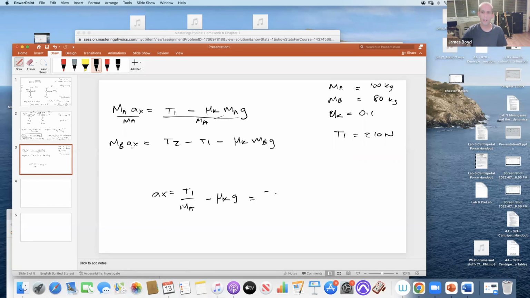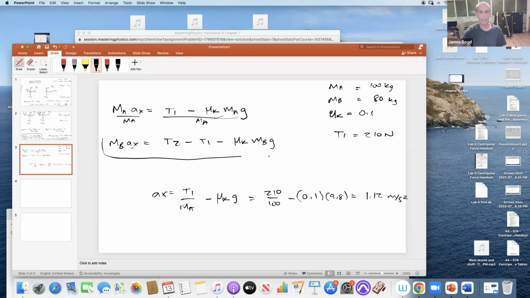This is 210 over 100 minus 0.1 times 9.8, and I get 1.12 meters per second squared.